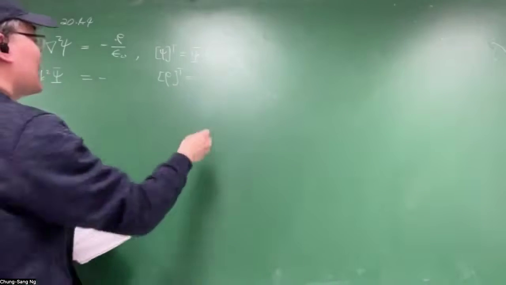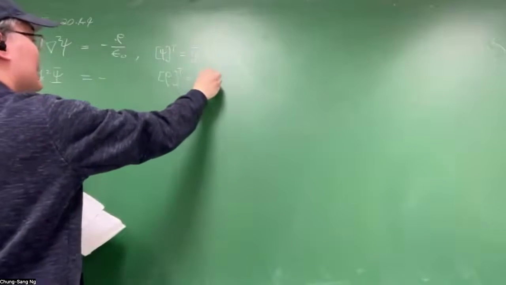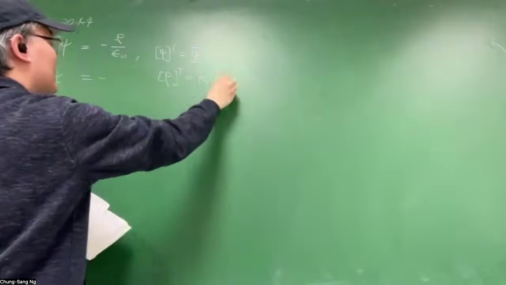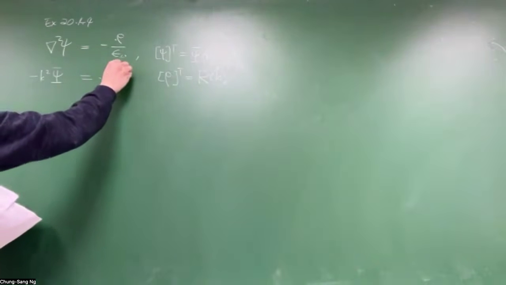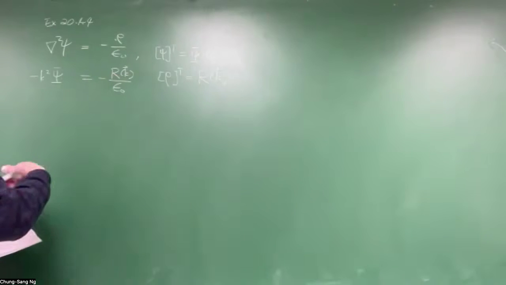This is the charge density rho. Let's use another symbol, since that's kind of strange. This is rho, and this is capital rho. If we transform that, it comes out as capital rho of k over epsilon 0.